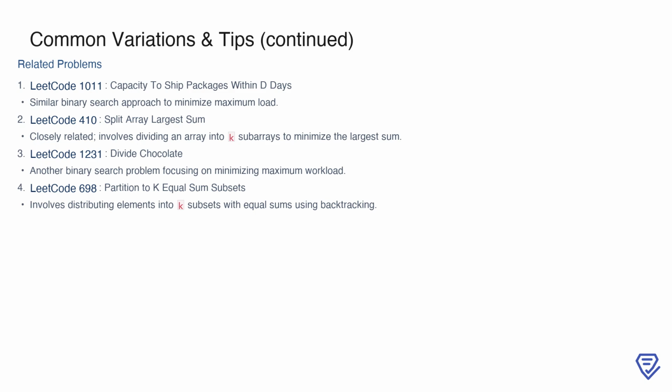LeetCode 1231, Divide Chocolate, is another great example of a binary search problem that focuses on minimizing the maximum workload. Finally, LeetCode 698, Partition to K Equal Sum Subsets, challenges you to distribute elements into k subsets with equal sums using backtracking. These problems share similar patterns and techniques, so practicing them can help you strengthen your understanding of both binary search and backtracking approaches.